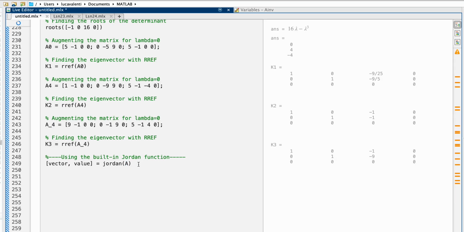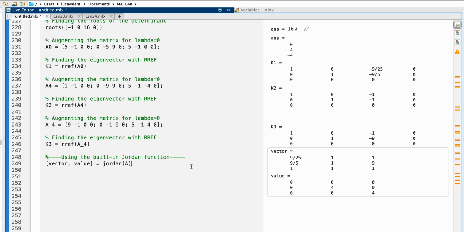Then we press Control Enter, and what we get is the 3 values, 0, 4, and negative 4, and we get what we got over here for the other values. Now this looks slightly different because these are not the augmented matrices. These are the vectors themselves.